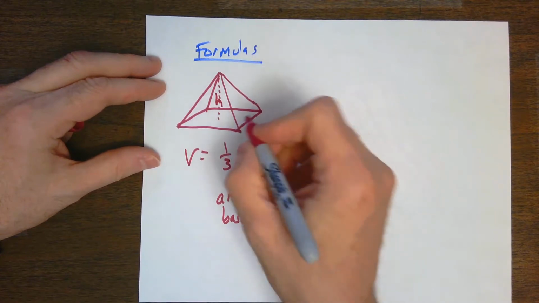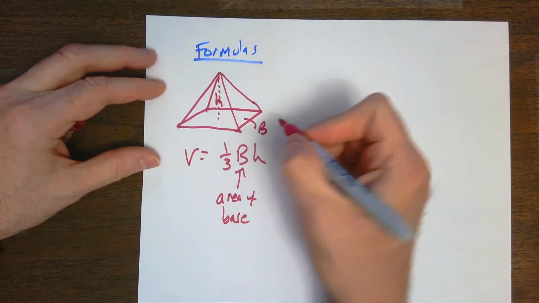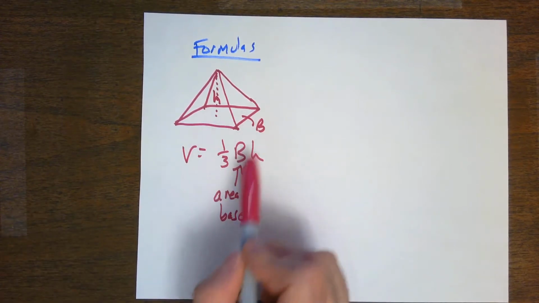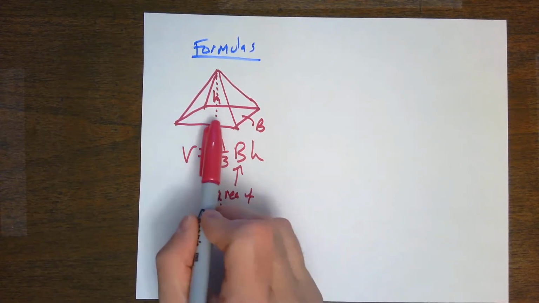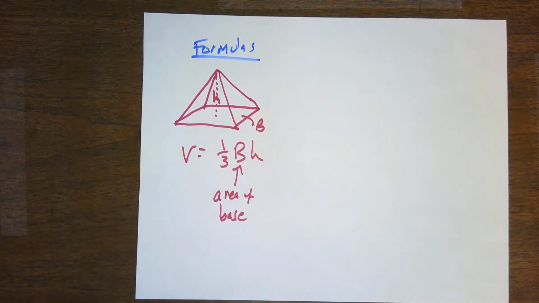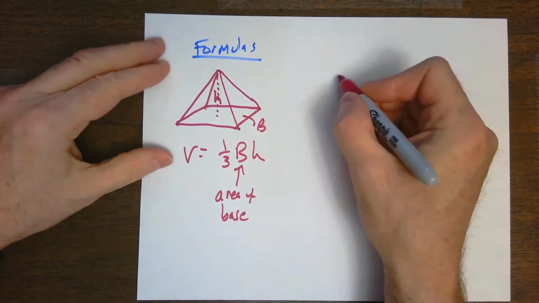This is H. And then this is B, the area of the base. So if it's a rectangle, it would be length times width. If it's a square, side squared. If it's a hexagon or whatever it is, the area of the base times the height, times 1/3, is the volume of a pyramid.